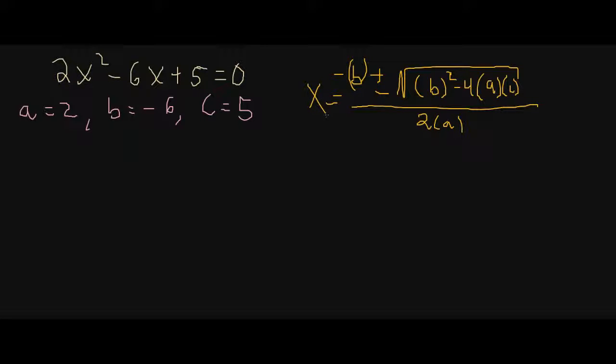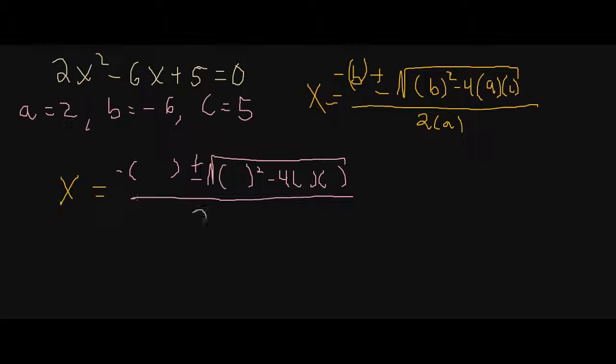Now let's go ahead and plug our values in and solve this problem. What I love to do in these problems is leave a blank in there. So I'll do that: plus or minus the square root of b squared minus 4ac, all divided by 2a. Now that I have these values, I will plug them in.